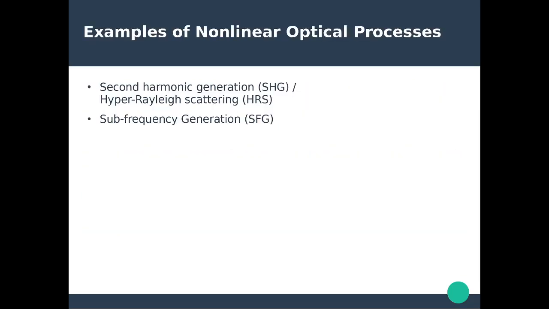These are just a couple of examples of nonlinear optical processes. Second harmonic generation, which is also known as hyper-Rayleigh scattering by the chemists, or sum-frequency generation, are second order optical effects. We're going to discuss second harmonic generation a little bit later.